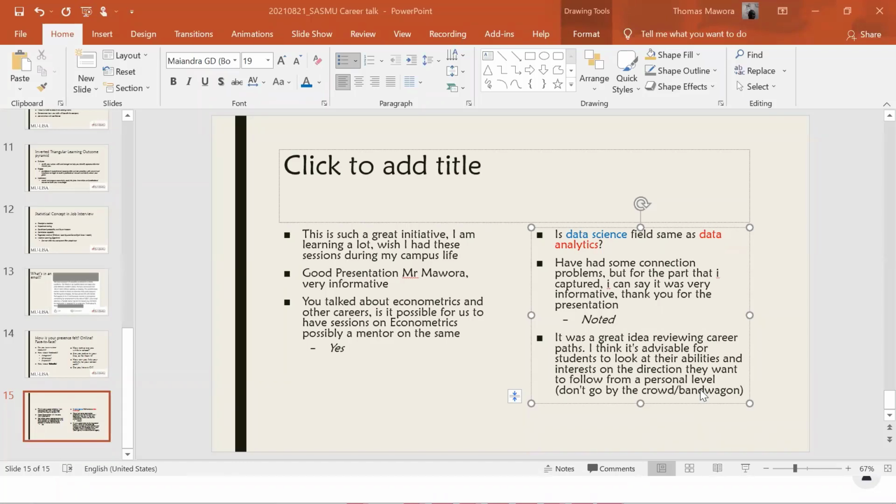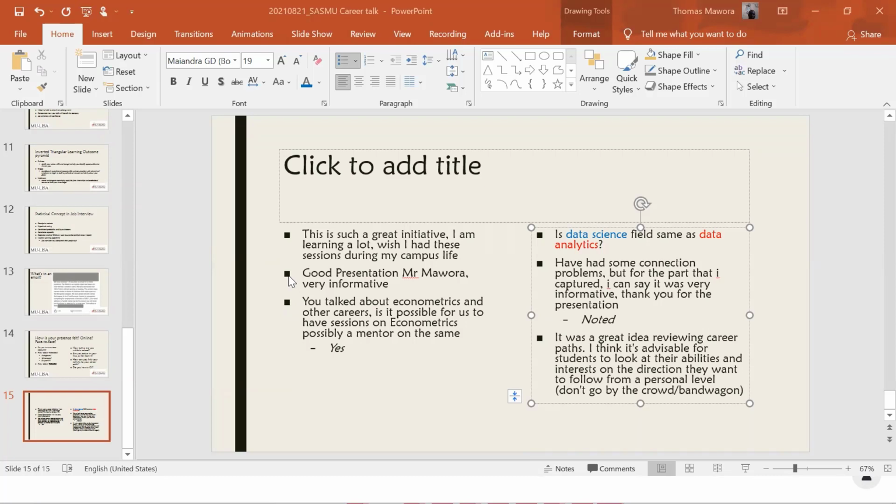But data science encompasses a lot, from the time that data is created to data analytics, and after data analytics comes artificial intelligence and machine learning. So you put it correctly that data science is broader than data analytics. Thank you so much.